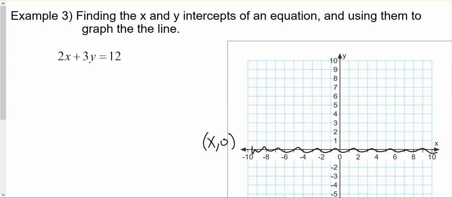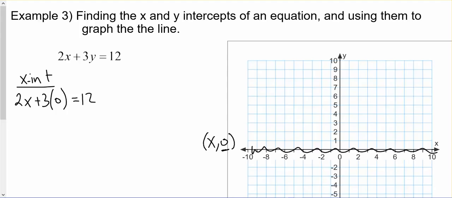So to solve for our x-intercept, we write x int for x-intercept. And we're going to say 2x plus 3, but instead of putting in a y, I'm going to make that a 0.